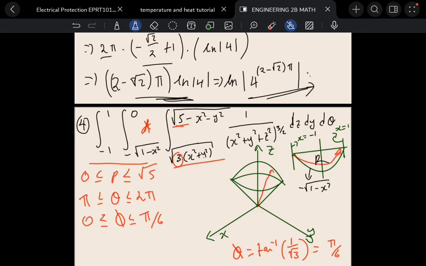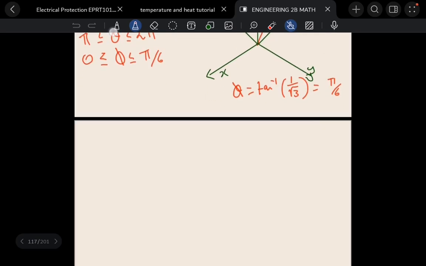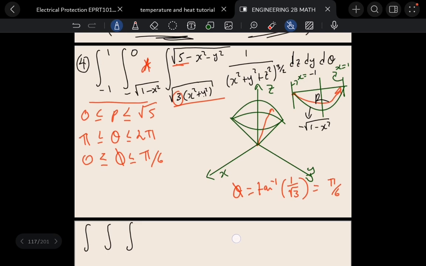So how will you integrate this, or how will you set up this? Now the setup is very clear. We know that this one here is just simply 1 over rho cubed, right? Because we know that x squared plus y squared plus z squared is rho squared.